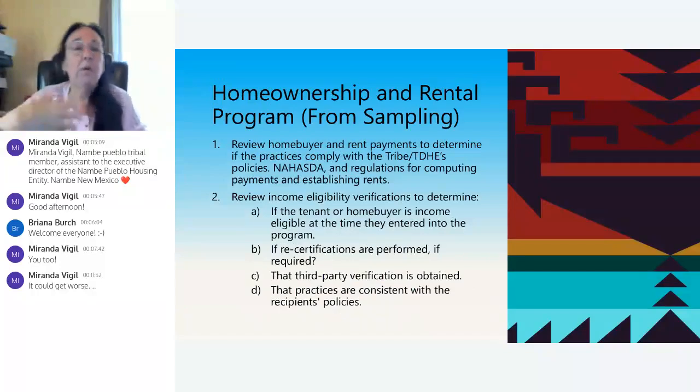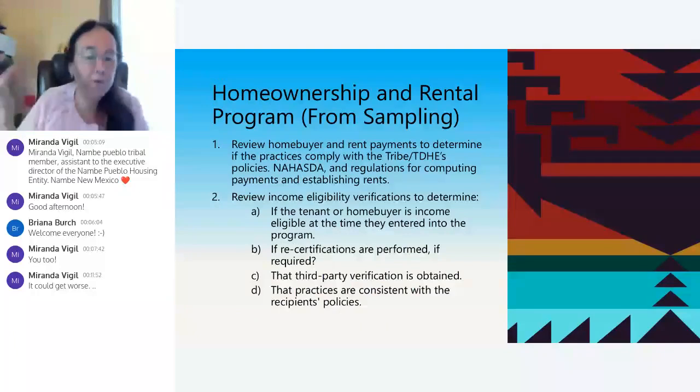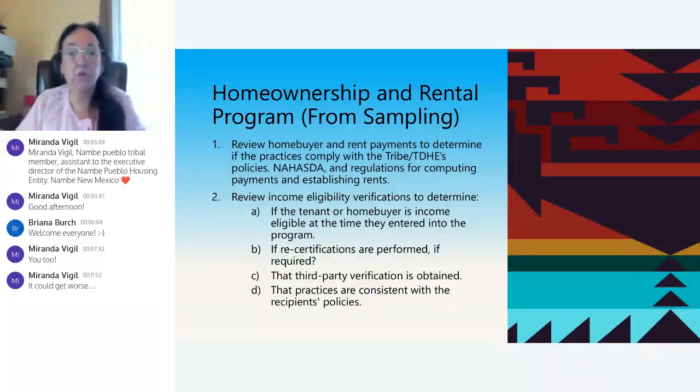So, homeownership and rental program: from a sampling, they'll review homebuyer and rent payments to determine if the practices comply with your tribe or TDHE's policies, with NAHASDA, with the regulations for computing payments and establishing rents. They will review income eligibility verifications to determine if they were income eligible at the time they entered the program.